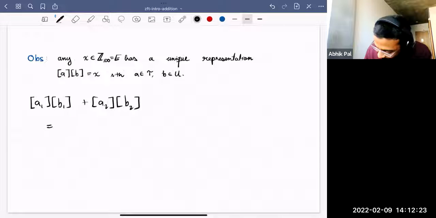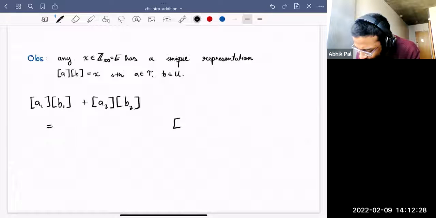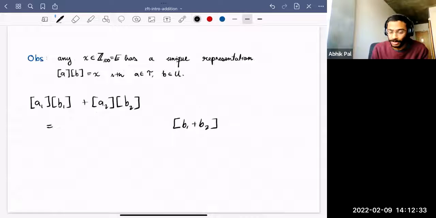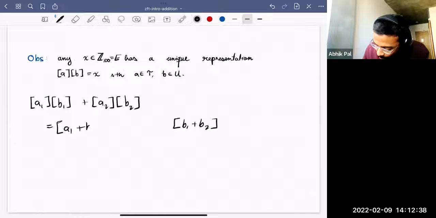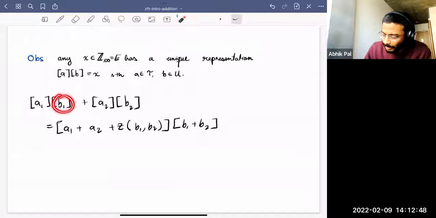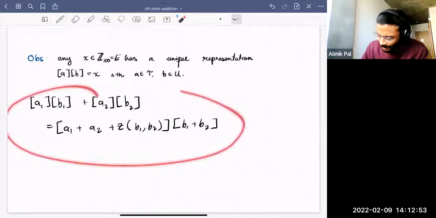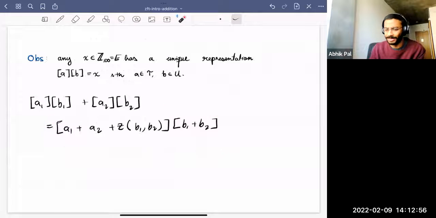If I have two-digit numbers, the units digit is just the sum of the units digits of the two numbers that I started with. But the tens digit is a bit more complicated. First I have to add the tens digits of the two numbers, and then I have to add the carry that I get from looking at the units place. And note that this completely gives us whatever structure E has.